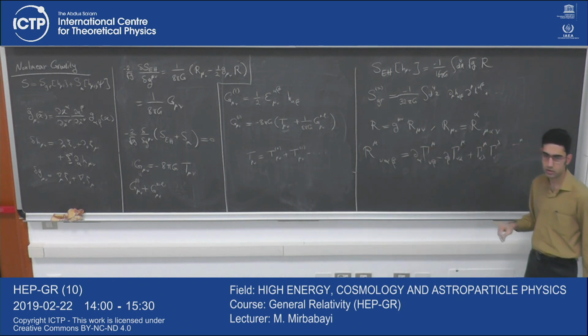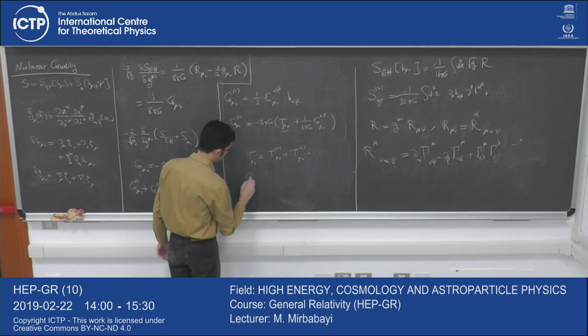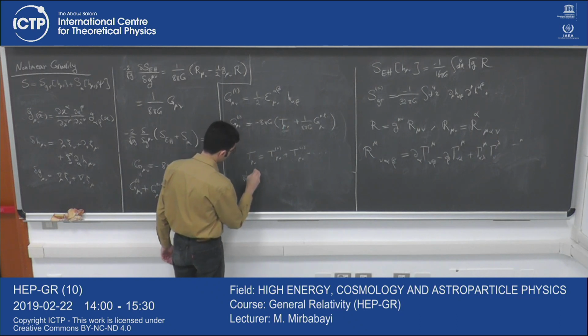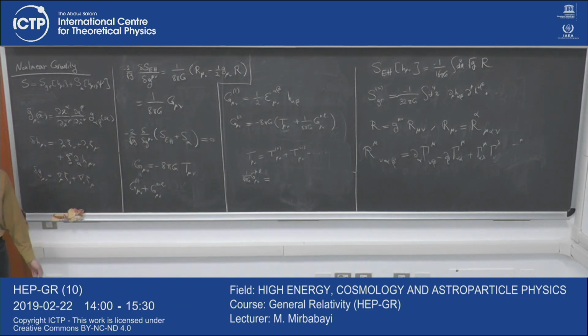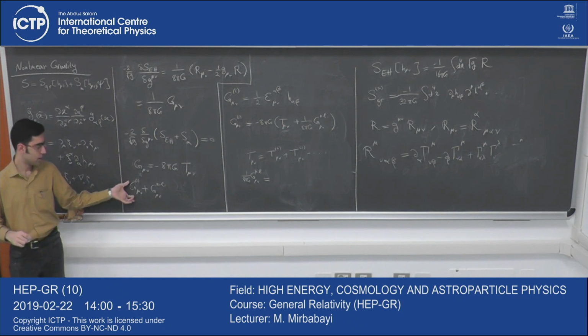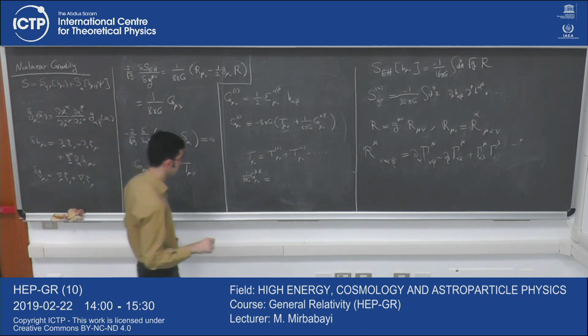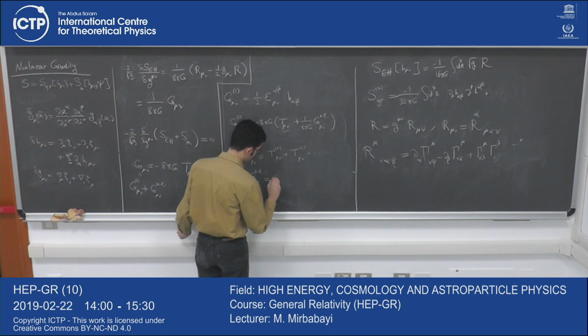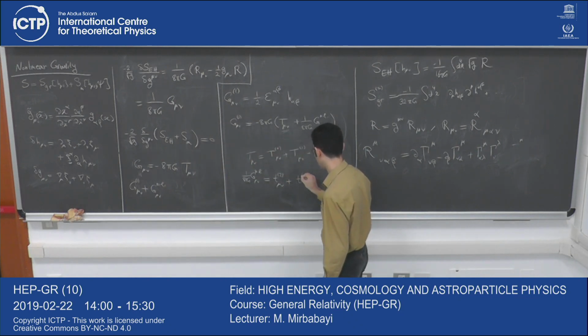There will be corrections. And that 1 over 8 pi G G mu nu nonlinear, by definition, starts from second order in h mu nu, because I already subtracted the first order part. So this is something that starts from second order, and I will call it T mu nu with little t.